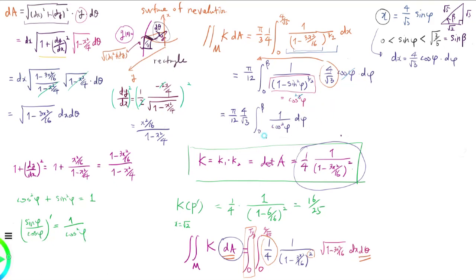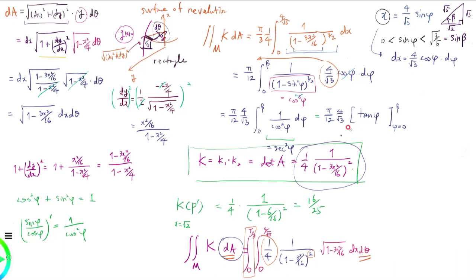So I can find the antiderivative of 1 over square of cosine. It is called the square of secant. So I can do this integration with the antiderivative, which is a tangent. Phi goes from 0 to beta.